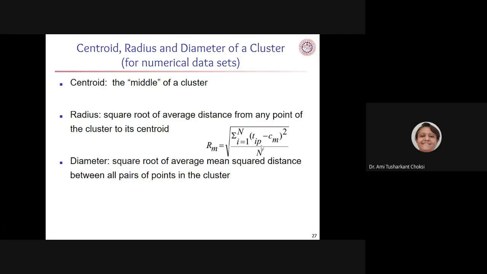So we take t_ip minus c_m, where c_m is the central point, the difference between them, whole squared, for each i from 1 to n, divide by n, and take the square root of it. So it is the average distance from any point of the cluster to its centroid. Diameter is the square root of the average mean squared distance between all pairs of points in the cluster.